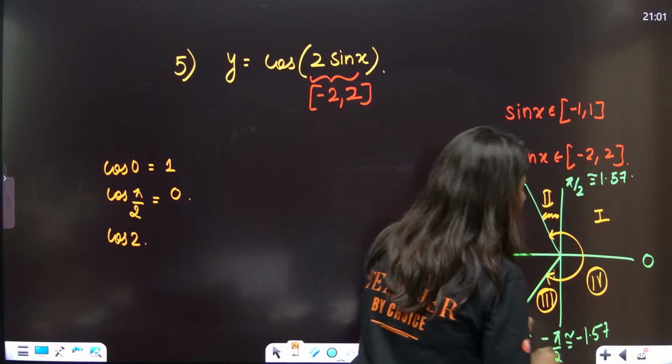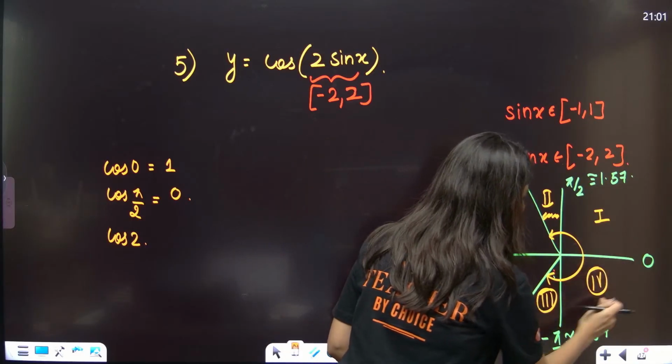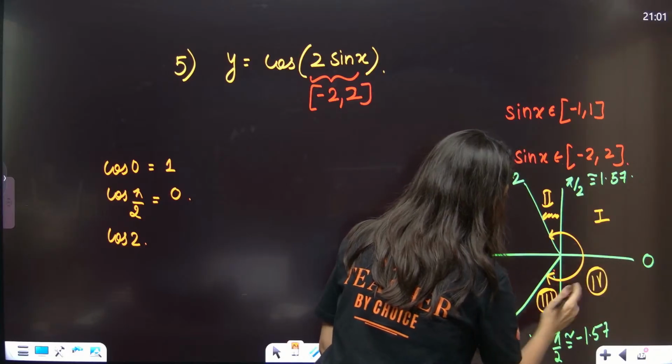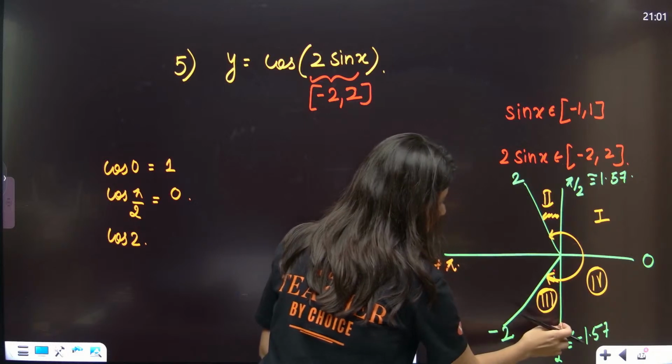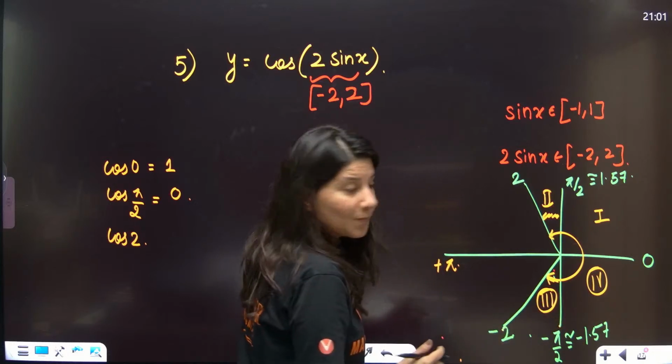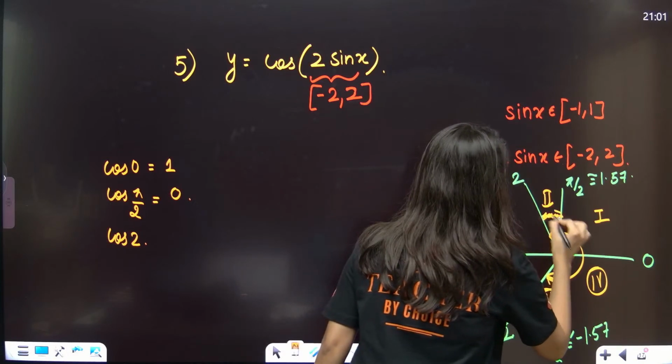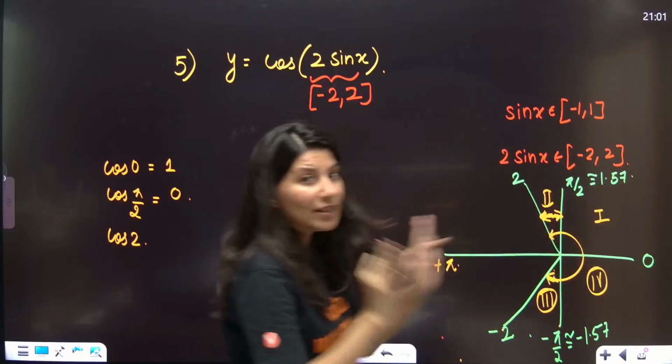In the fourth quadrant, cos is positive. Again we are getting all the values between 0 to 1, and these are again negative values, lying between minus pi by 2 to minus 2. We are getting these extra negative values, that's it. 0 to 1 we are getting.